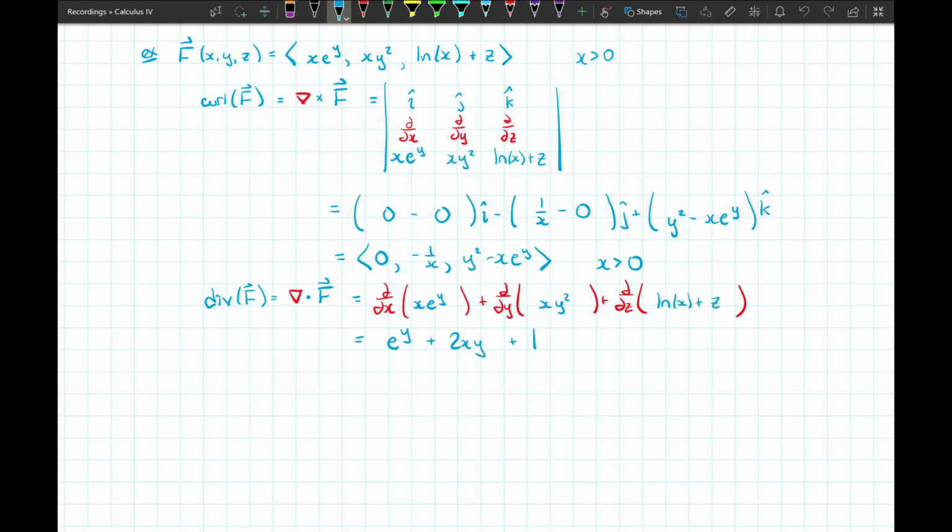That gives us e to the y plus 2xy plus 1. And remember that this is a scalar valued function, so there are no components, no commas, and no triangular brackets. This is simply the addition of functions. And even though this looks like a nice continuous function for the divergence of F, we have to restrict the domain to x greater than 0.